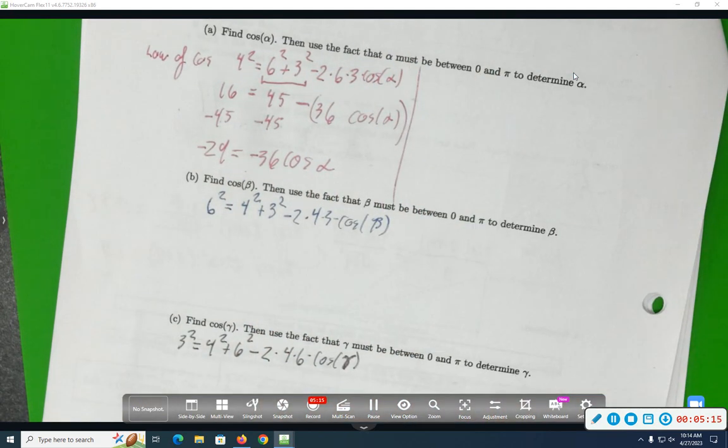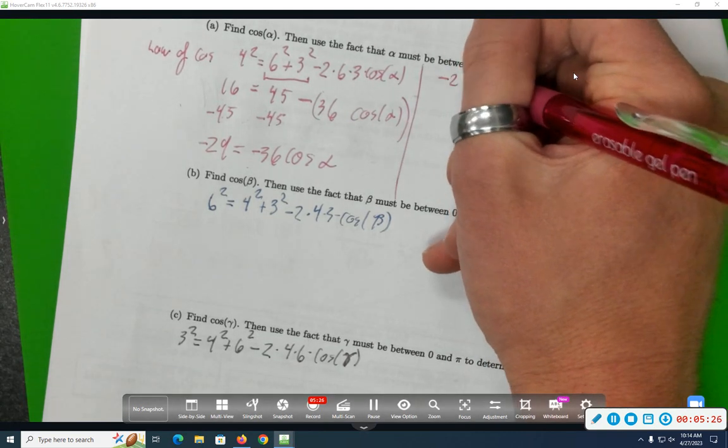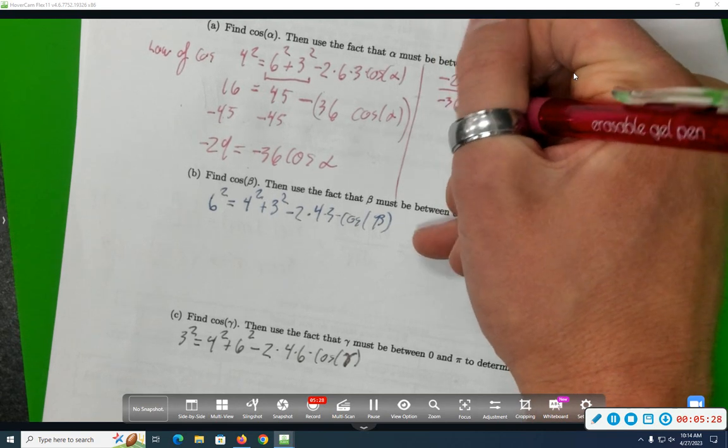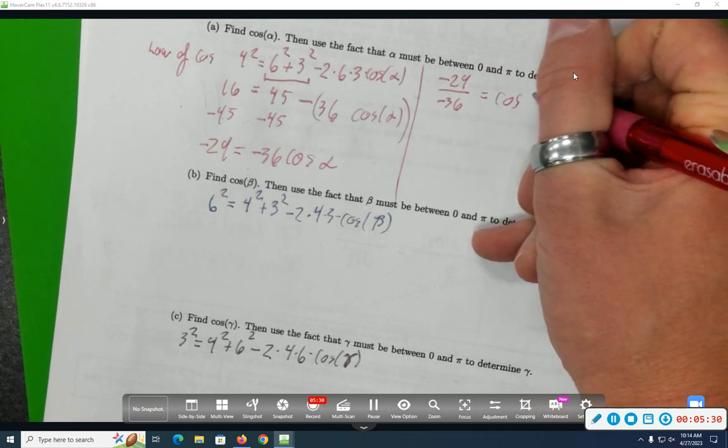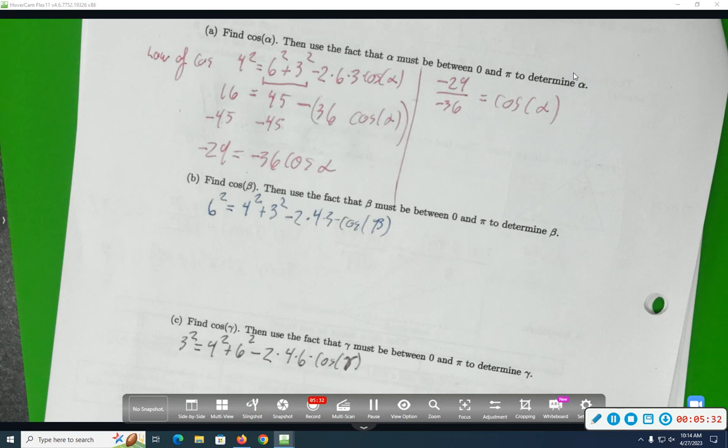All right. What next? Yeah. Divide by negative 36. Negative 29 over negative 36 is equal to cosine of alpha. All right, what next?